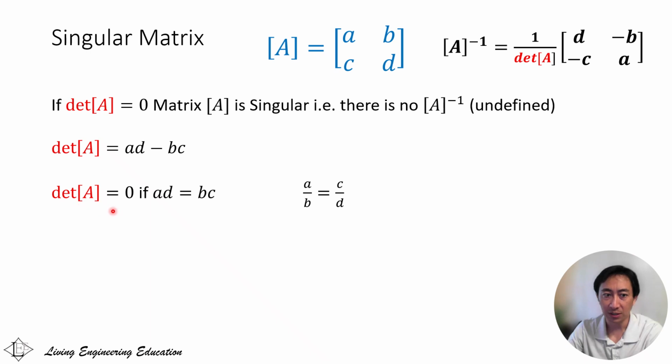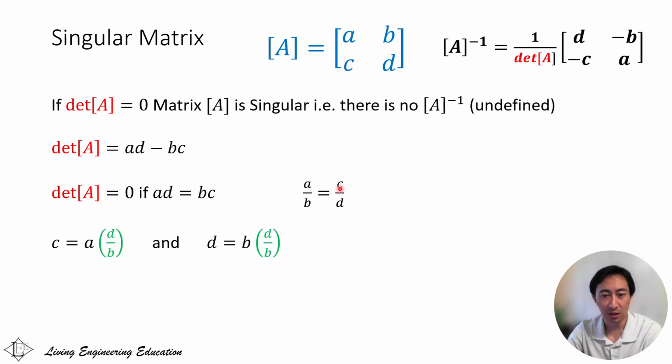If the determinant is equal to 0, then AD minus BC is equal to 0, then I know that AD is equal to BC. We can see that the ratios of A and B and C and D are the same. The way I like to think about it is if I say C, right? So let's say that A and B are like set values, and I want to know what values C and D would have to be for this to be a singular matrix.